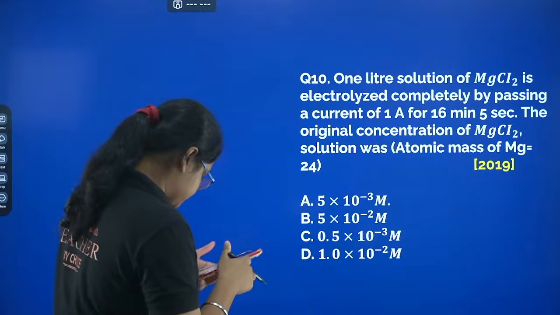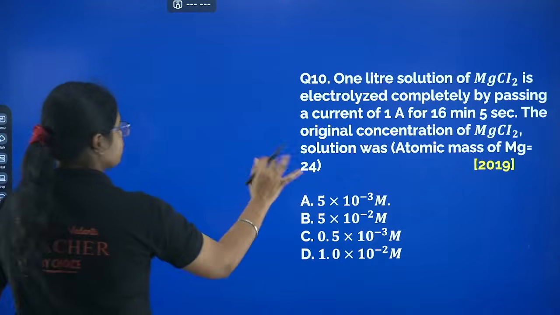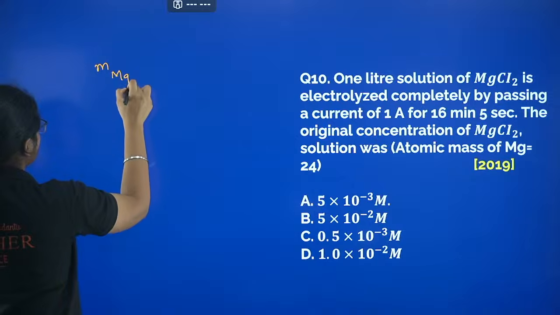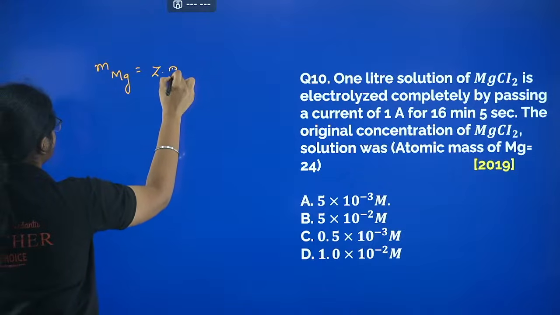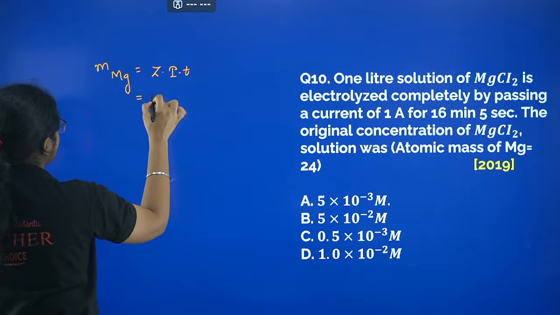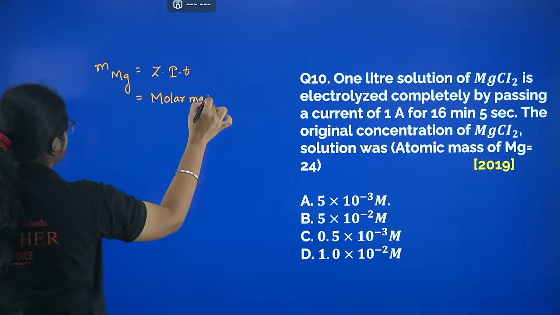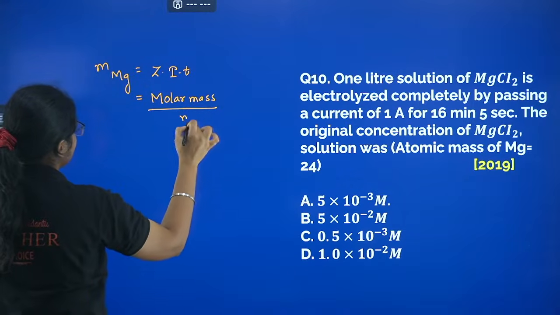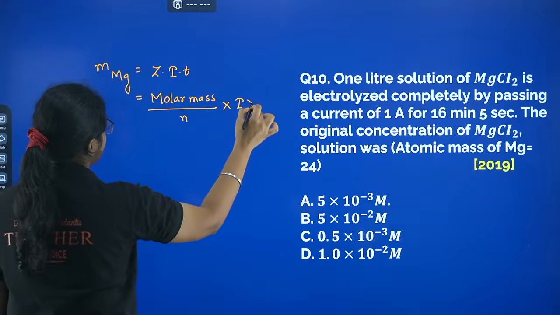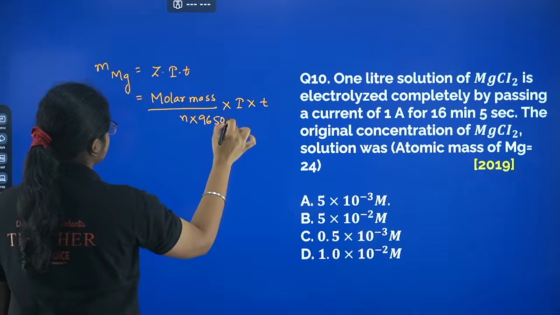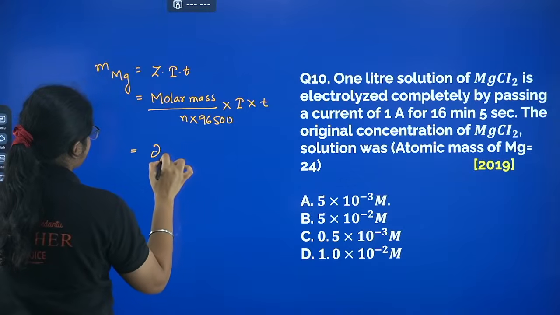So first find out the mass of magnesium deposited. By Faraday's law I know m is equal to Z into I into t, whereas Z is equal to molar mass divided by n into 96500. Now molar mass is 24.